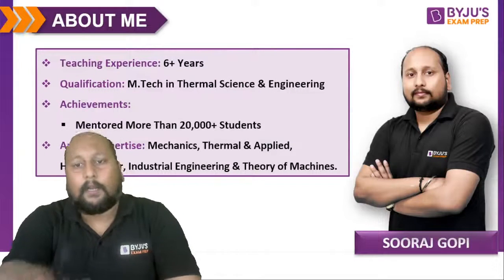So what we'll be doing is taking questions from all three topics, from basic level and also advanced level, so that you are able to understand the concept clearly. That is the main objective of this session, right? Okay, so let's start the session.